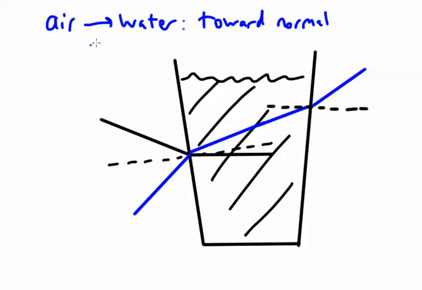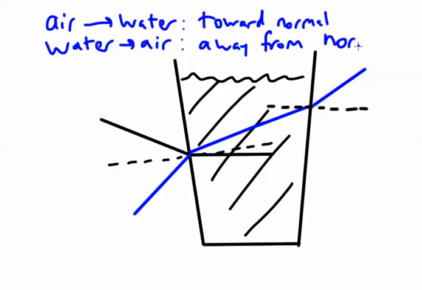Okay, so that tells us from water to air, it bends away from the normal. What about if there's some other substance, let's say glass, when it bends through a large piece of glass?